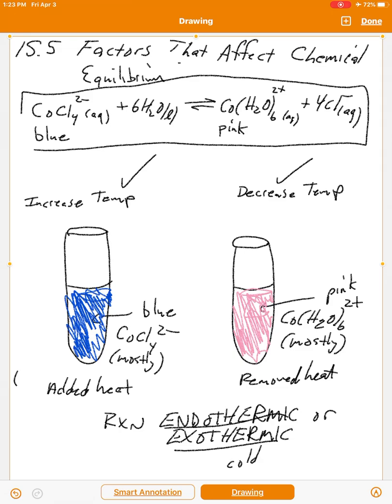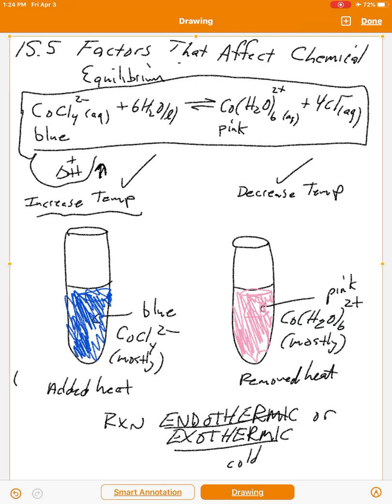If we put delta H on the left side, as a reactant, what would happen if you heated it up? Heating it up would be increasing delta H. Well, that's a reactant, so it should drive the reaction to the right, and you should get more pink. Let's see.